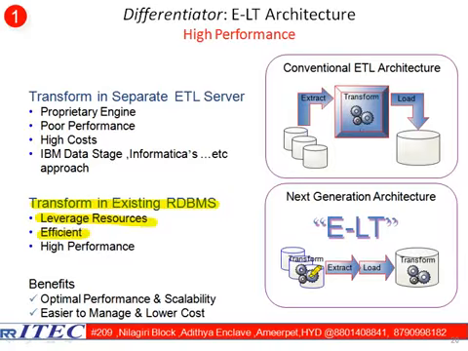It is efficient compared to this one. Why? Because it directly does the transformation inside the database. Database engines are more powerful than anything else. Yes or no? And tell me, this movement of the data, are we going to do it in business hours or business off hours? Business off hours only, right? Whenever business is working on the reports, we are not going to truncate or load the data in the databases.